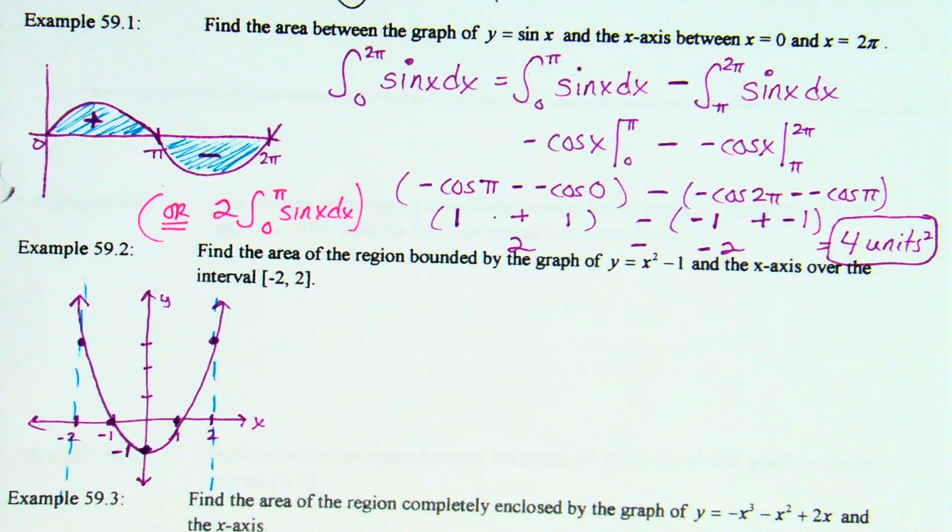If I'm shading it like I was up above, where am I going to shade? Because that's an important concept to get on this problem. Where are my areas that are between the curve, so like the parabola, and the x-axis? Inside the parabola. So that'd be -2 to -1, and -1 to 1.